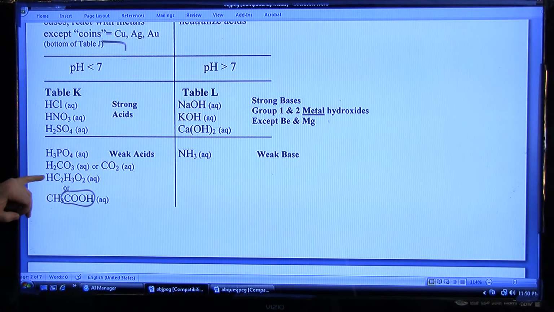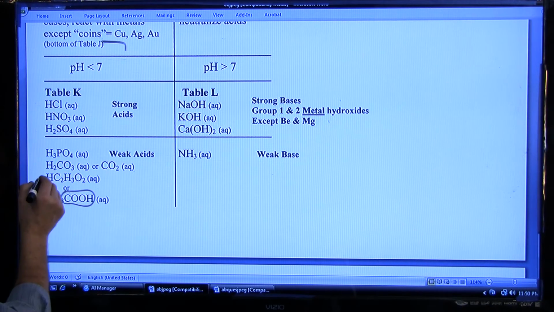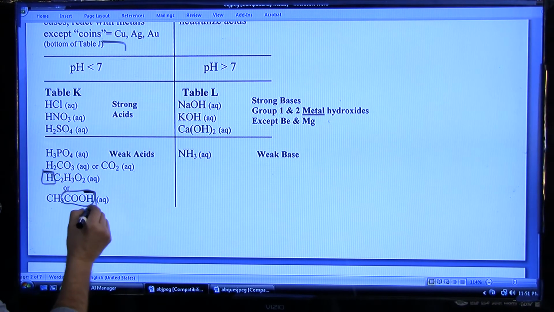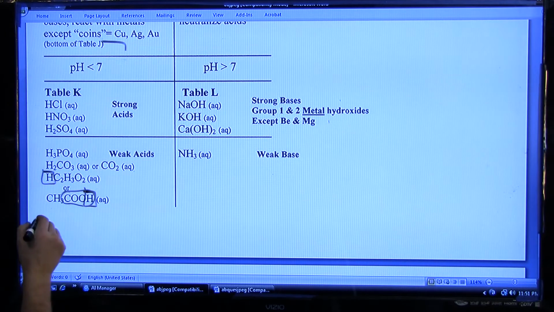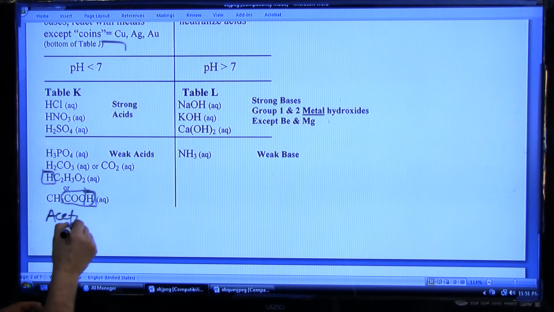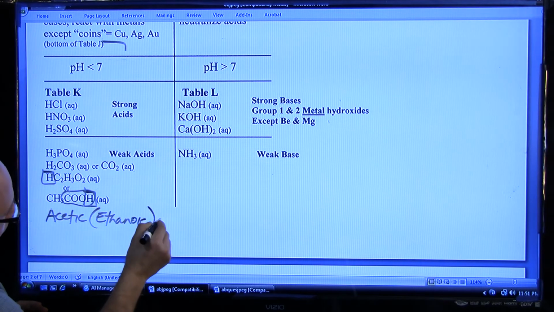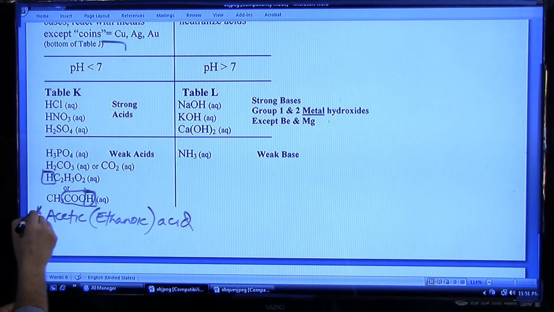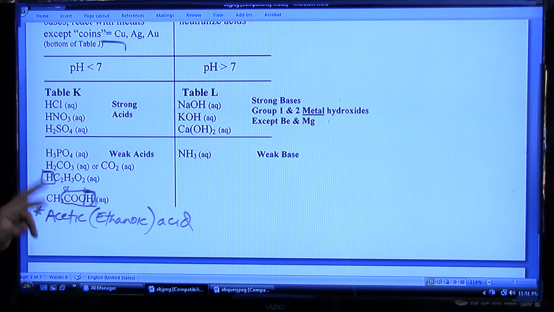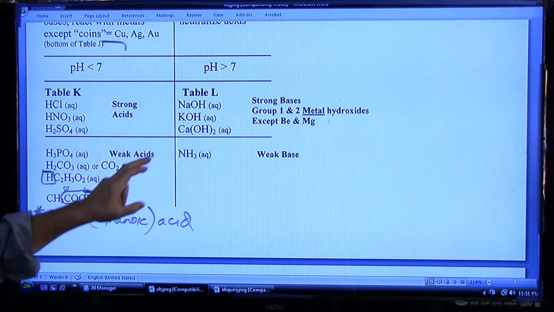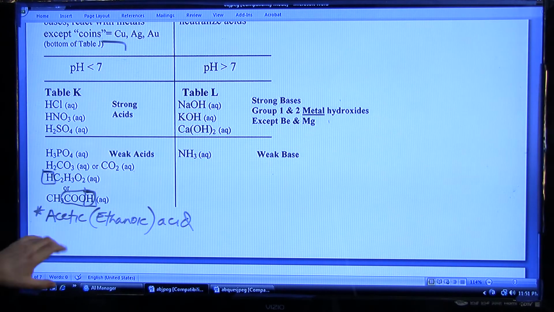So you could write it either as HC2H3O2 or CH3COOH. So the hydrogen here is the one that deprotonates, that breaks off. All right, so remember this as acetic or ethanoic acid. Put a star by that because, first of all, it can be written both ways, and secondly, it looks almost like a base. It could fool you into thinking it's a base because of the OH. But again, bases have metal hydroxides, not this.